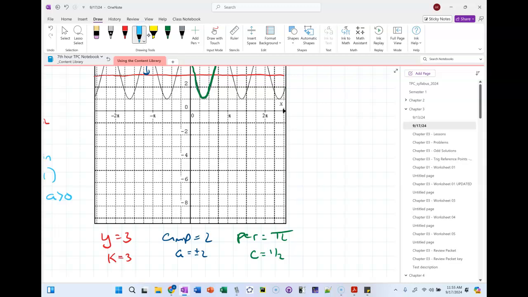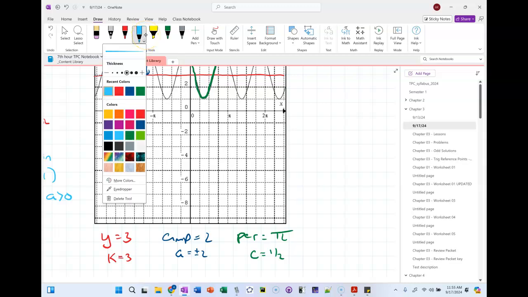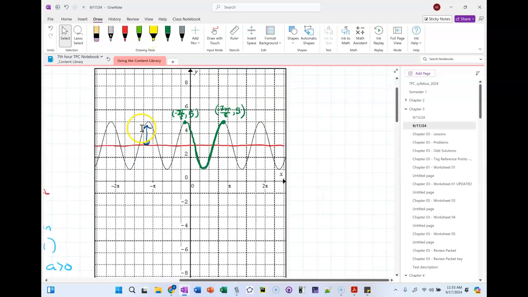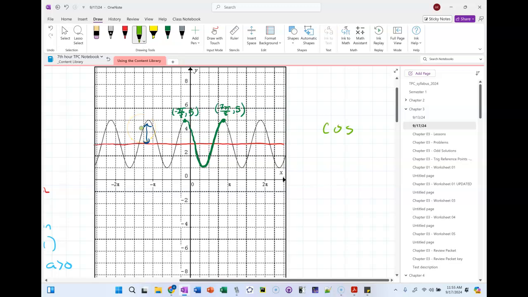All right. So let's do cosine. I need to pick a min or a max. Any min or max from the graph is fine. But you'd be crazy not to pick one of the two maxes that we've already identified the coordinate for. You guys agree with that? So let's say we pick this one.